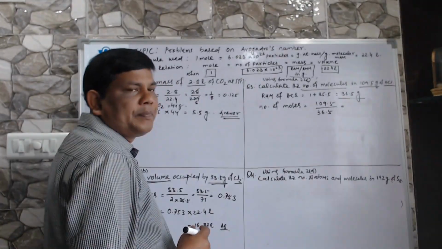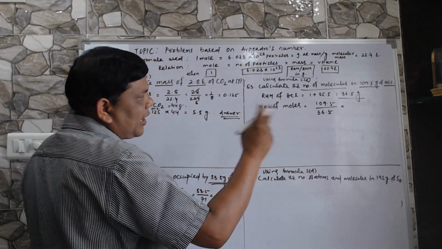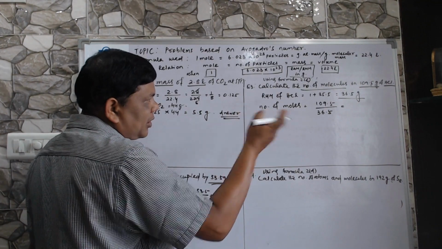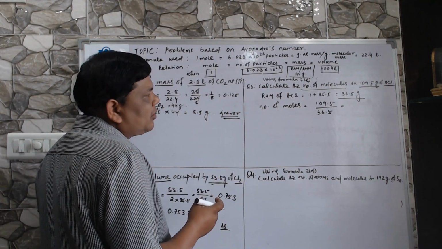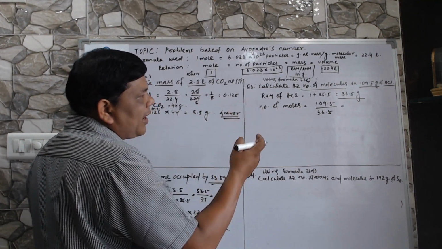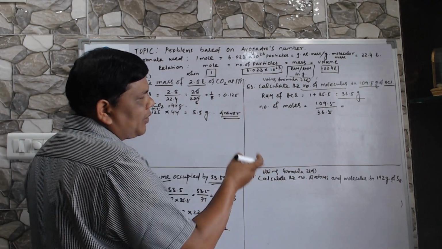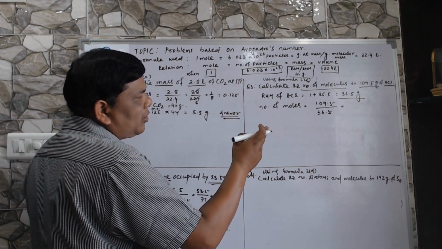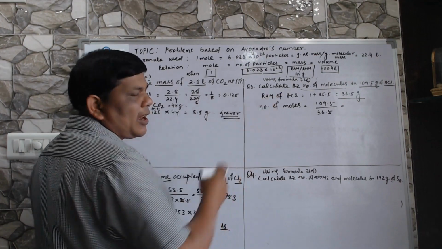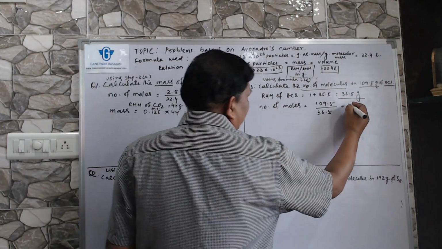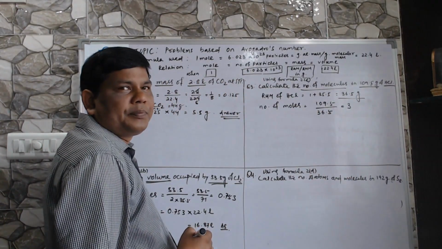Divide. This will be 1095 by 365. After decimal 1 digit, after decimal 1 digit. So if you divide it, 3 5 is 15, 36.5 times 3 is 109.5. You check. So this is 3 moles.